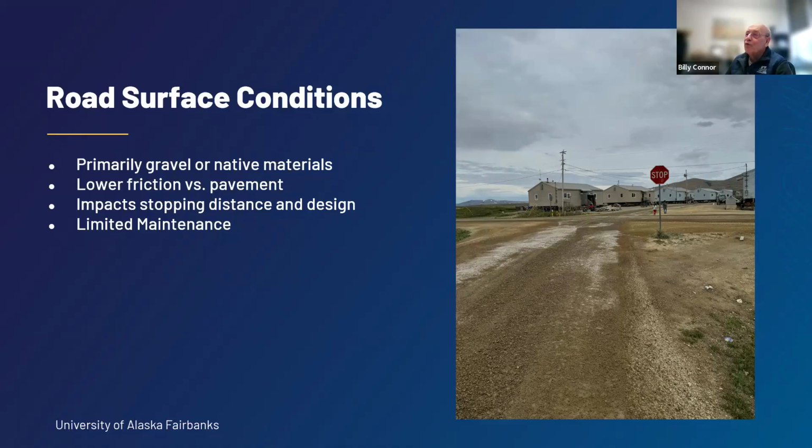Those really have much lower friction coefficients than do pavements, and we have some graphs and charts for that. And then there are certainly impacts to the stopping distances of our vehicles as a result of that. We've provided those. It's probably one of the more difficult things we had to come up with, but luckily they do exist.